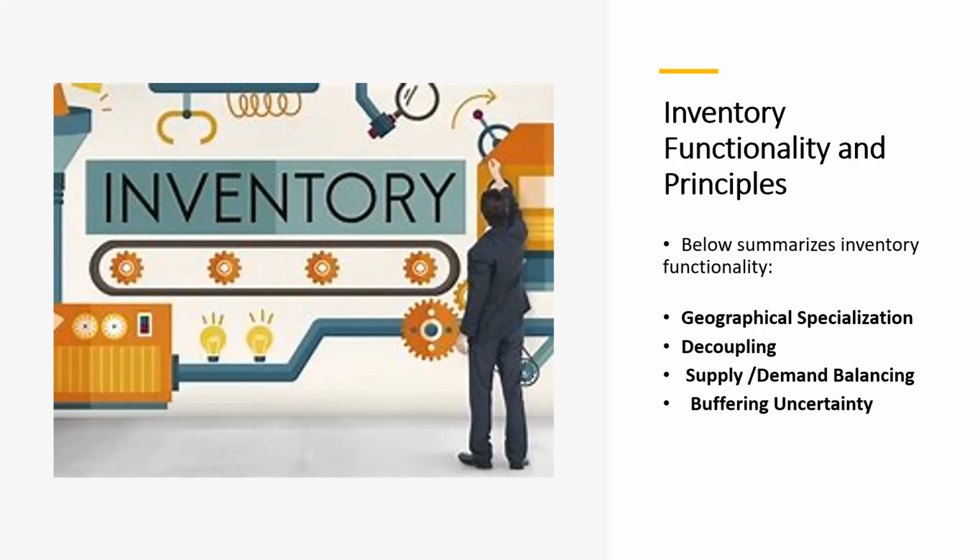So inventory can be specialized even within the manufacturing or different distributive units. If you have different places where you store your product, different inventory functionalities can actually happen at those places and be specialized.